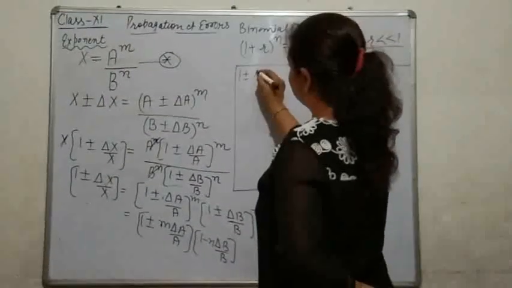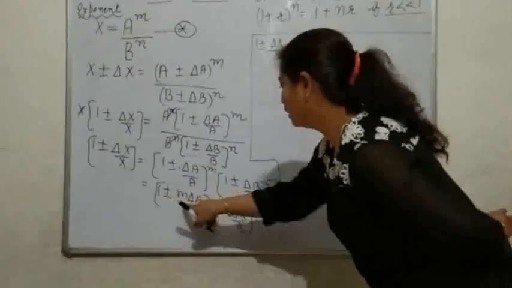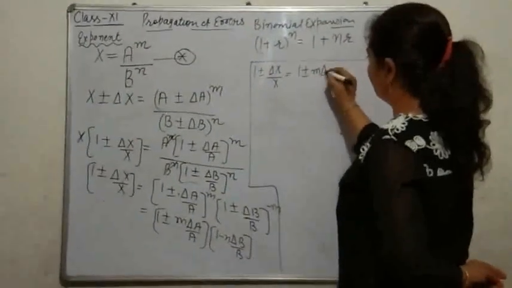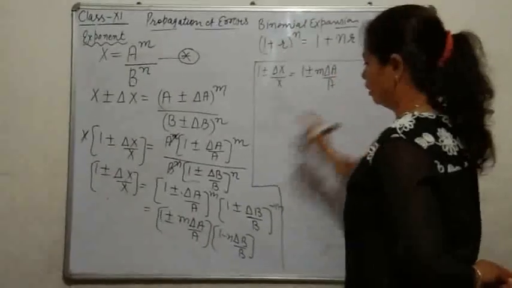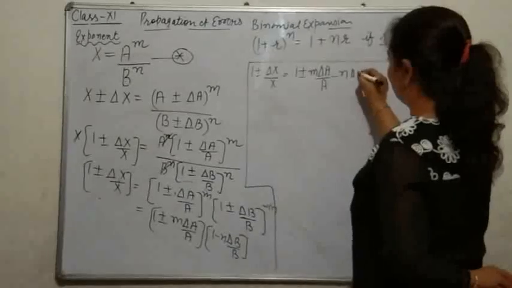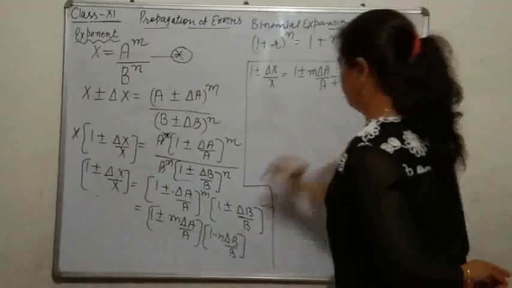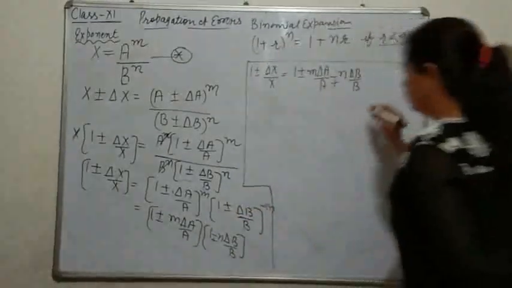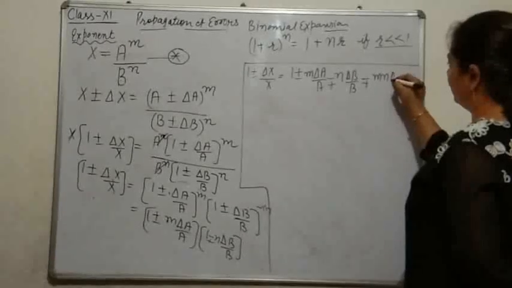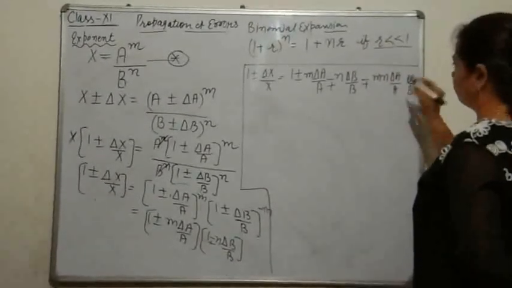Okay. Now multiplying these two expressions, in the next step we will get 1 plus minus delta x upon x, that is equal to, multiplying these two terms with 1, we will get the same 1 plus minus m into delta a upon a. Multiplying these two terms with this, we will get minus n into delta b upon b into minus plus m and delta a by a into delta b by b.